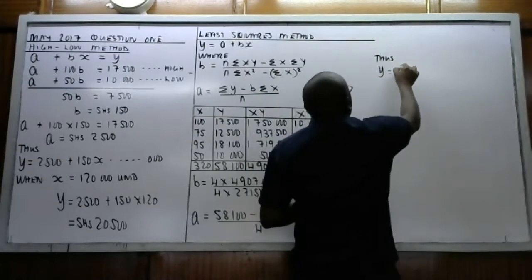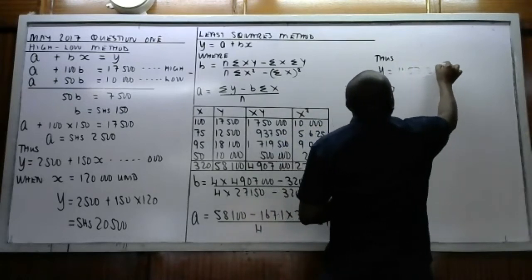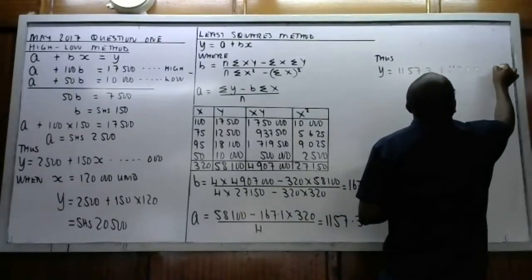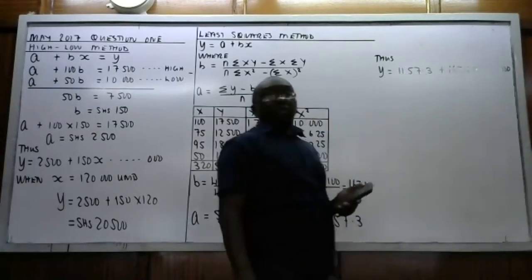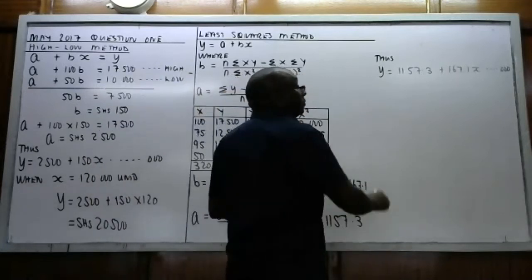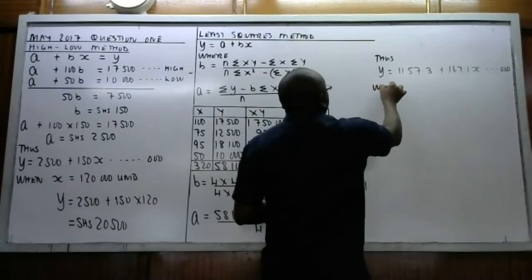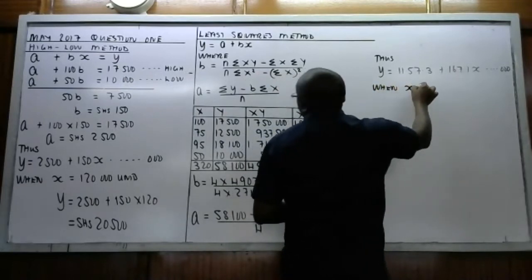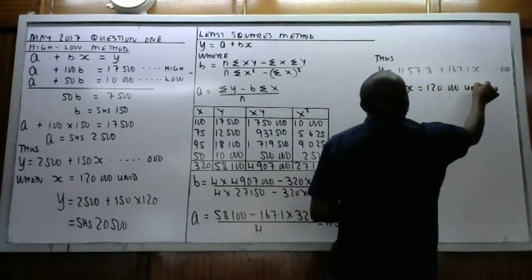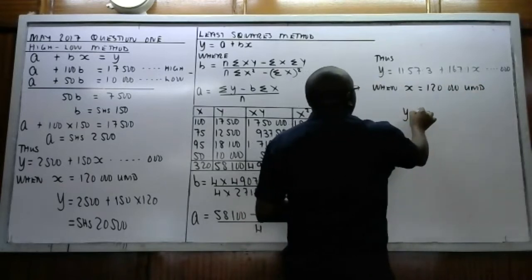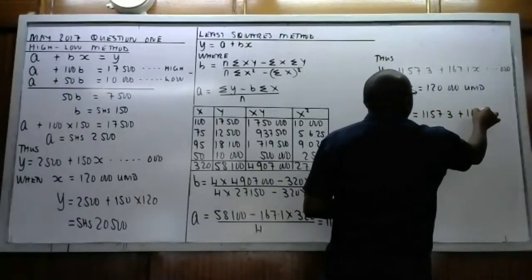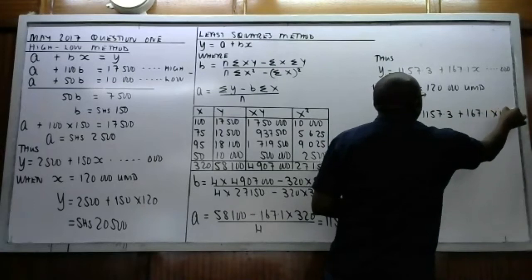So y is 1157.3 plus 167.1x. Once again, remember the equation is in thousands. So when x is 120,000 units, y will be 1157.3 plus 167.1 times 120.